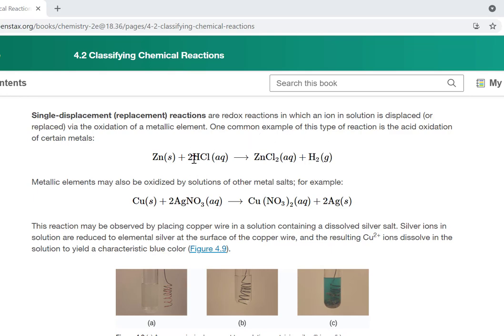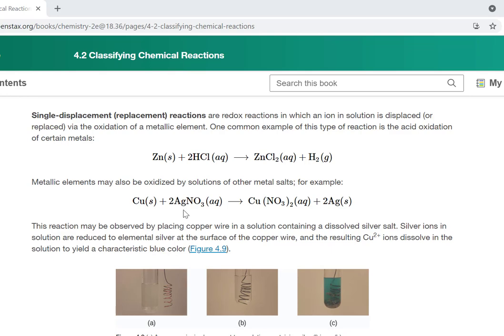So we can see that as well. So here we have hydrogen with a nonmetal, so that's a +1. So we go from a +1 to a 0. So that's a reduction from +1 to 0. Similarly here, the metal that starts out by itself goes from a 0 to a positive. So that's an oxidation. And then the element that starts out initially in a compound goes from that to by itself.